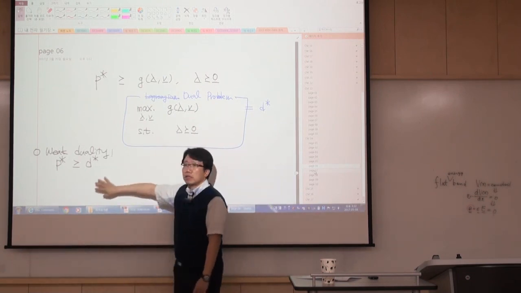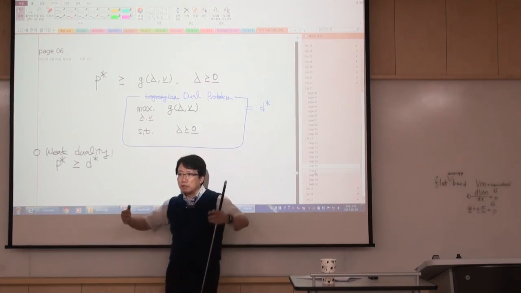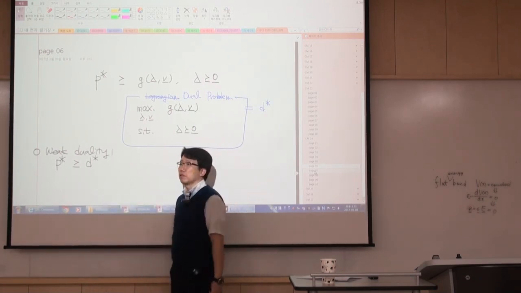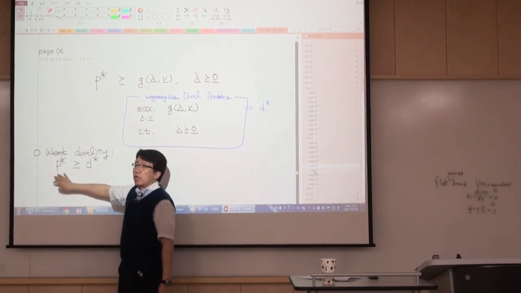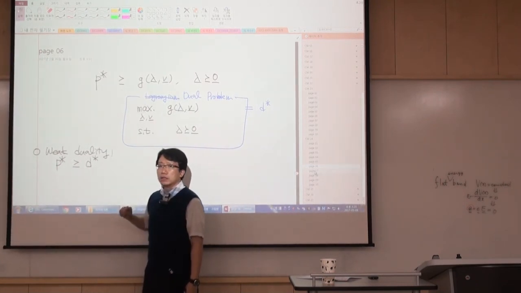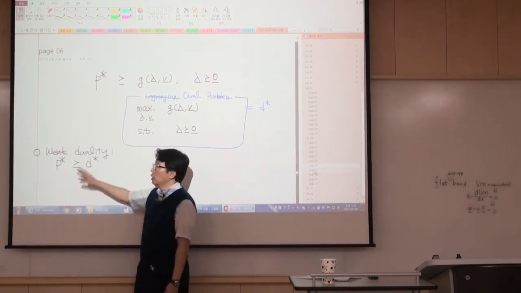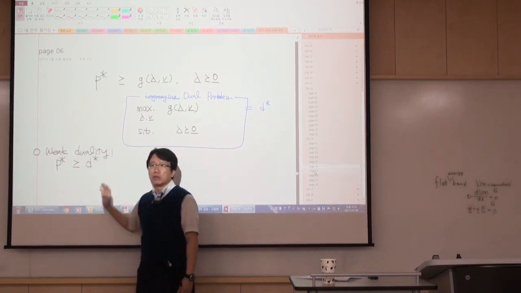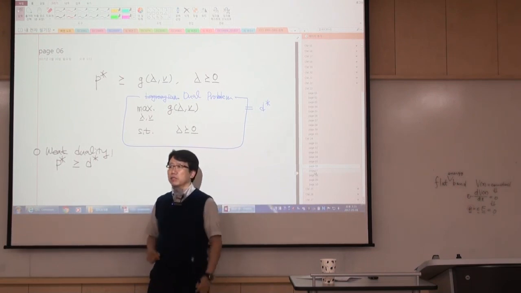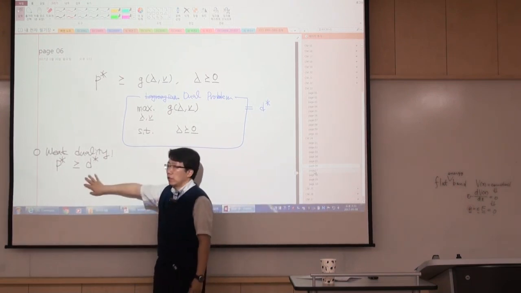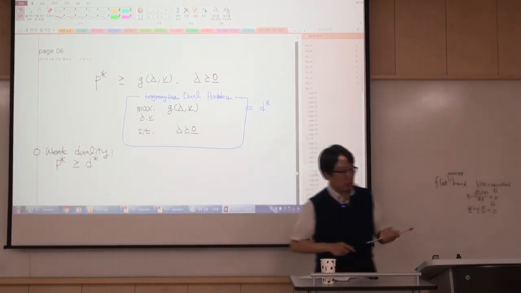Similarly, under some sufficient condition, but we believe it's close to necessary and sufficient, we can show that P star equals D star. In that case, we say strong duality holds between this dual and primal problem. Got it? Anyway, let's continue this Wednesday.